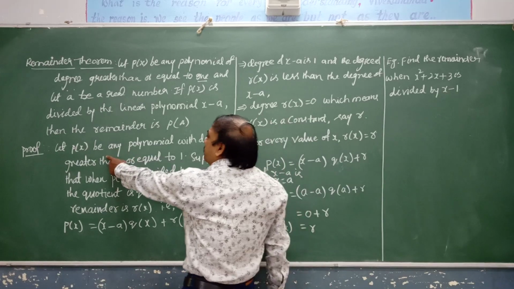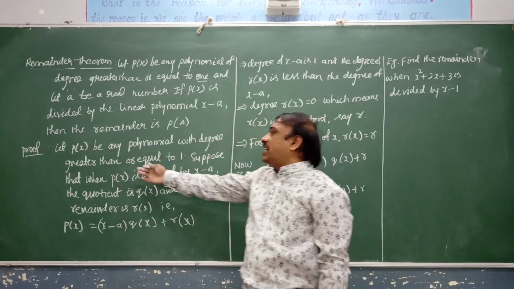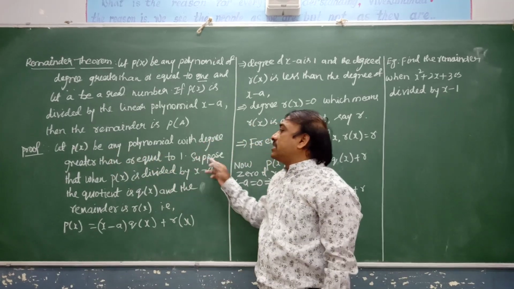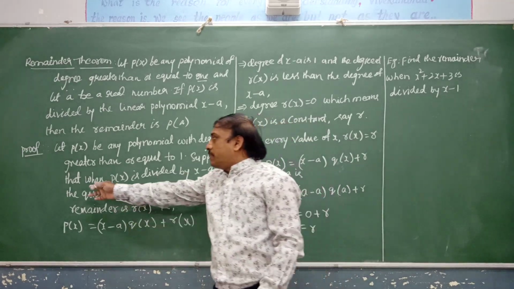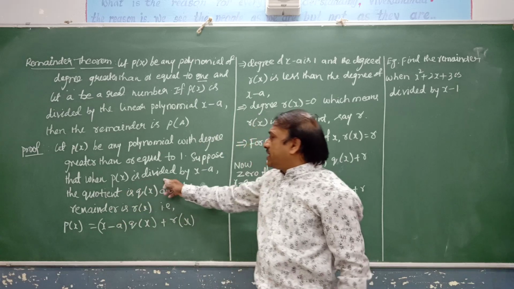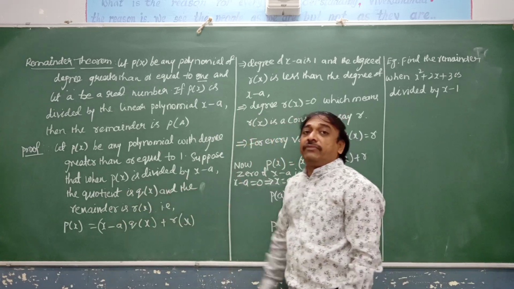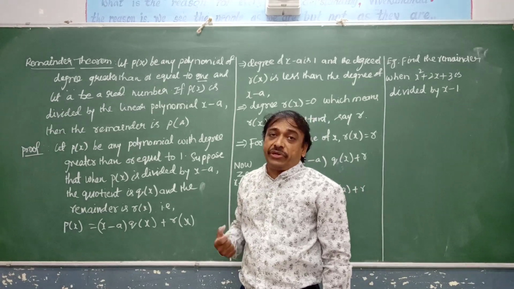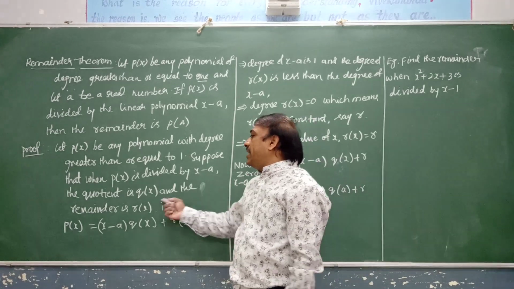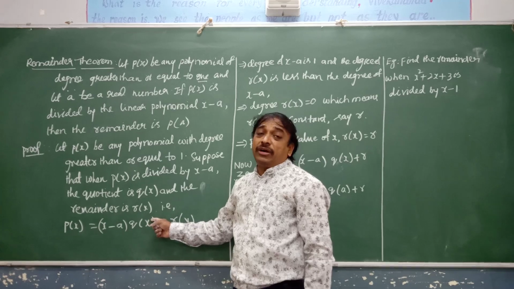Now let p of x be any polynomial with a degree greater than or equal to 1. Suppose that when p of x is divided by x minus a, we obtain a quotient q of x and the remainder is r of x.